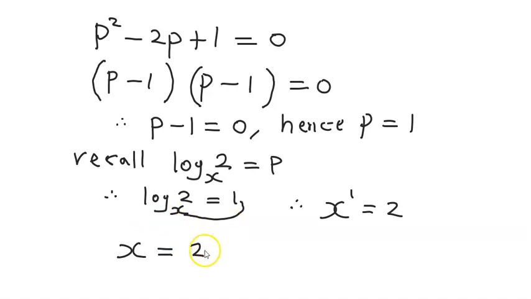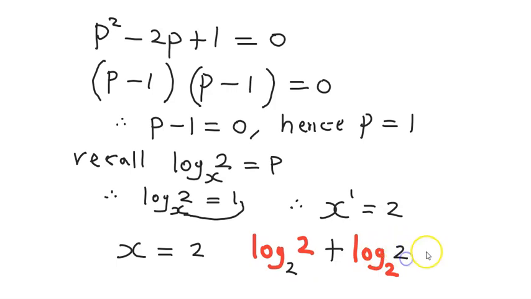So let's check to see if we are correct. Remember, the question given to us is log 2 base x, and we said that x is 2, plus log x base 2, and we found our x again to be 2.